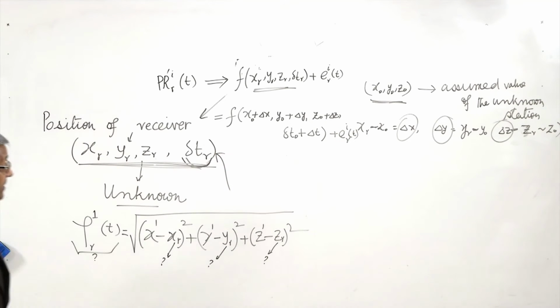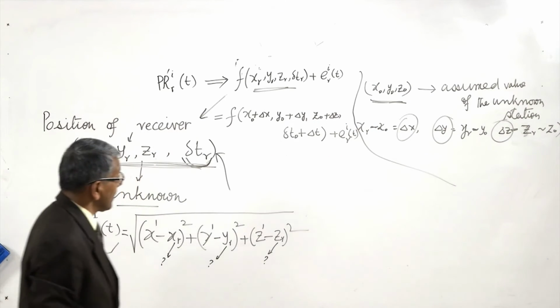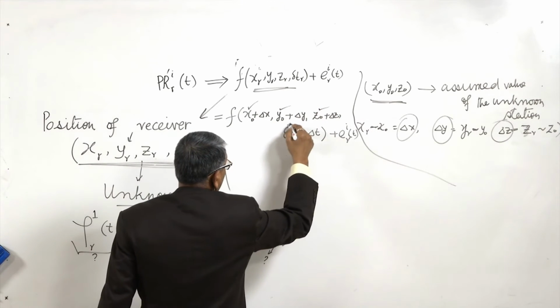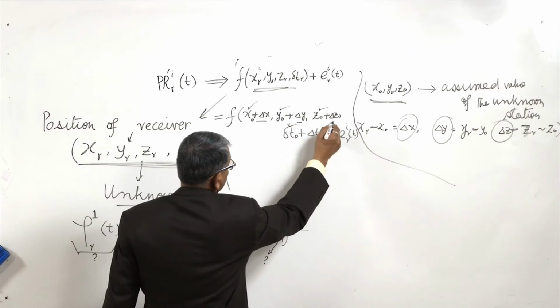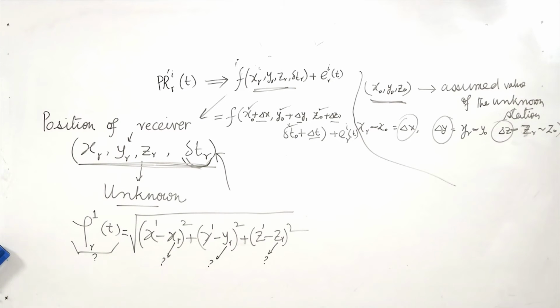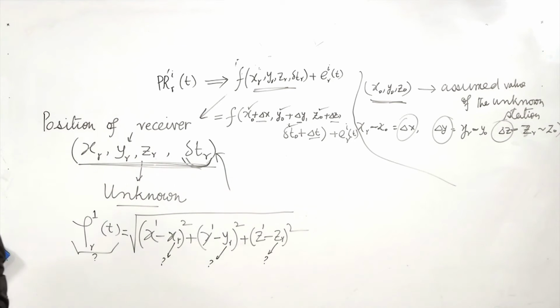In writing this, these are known, but these are unknown: del x, del y, del z, del t. Now the problem is not to determine xr or yr, but to determine del x, del y. So this is the thing.